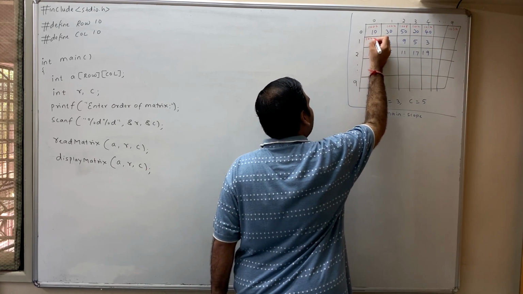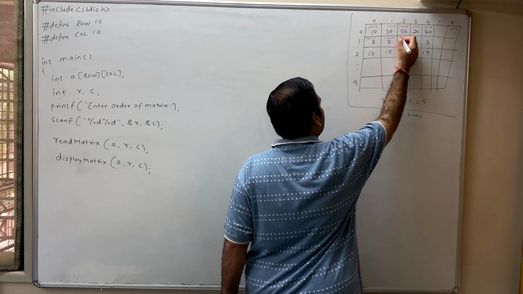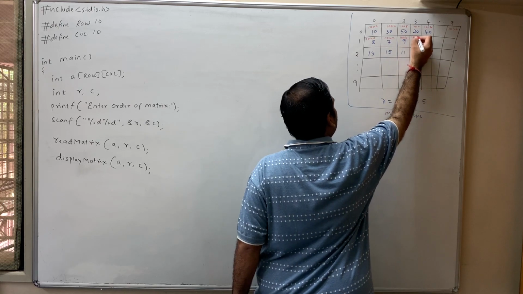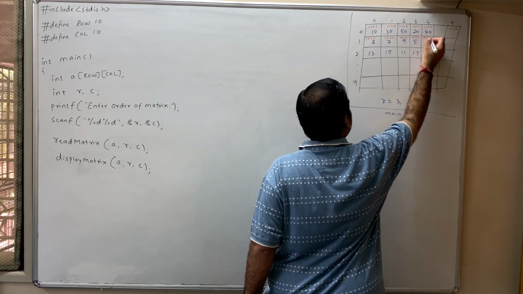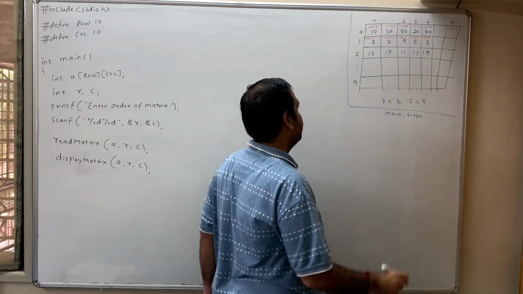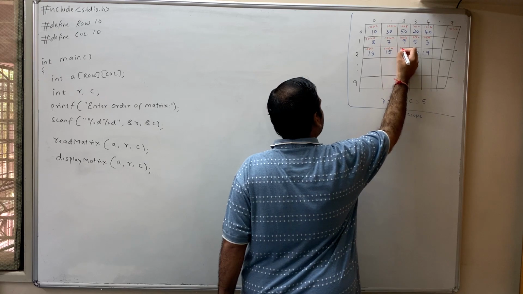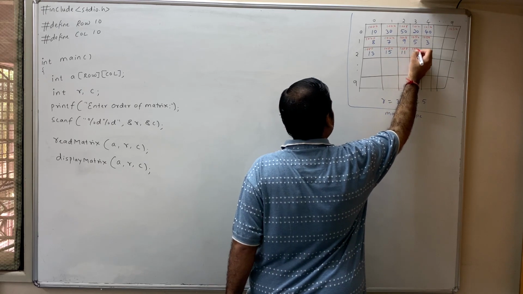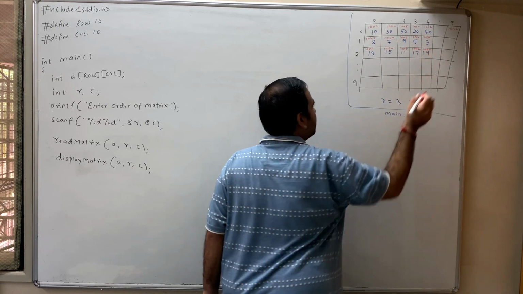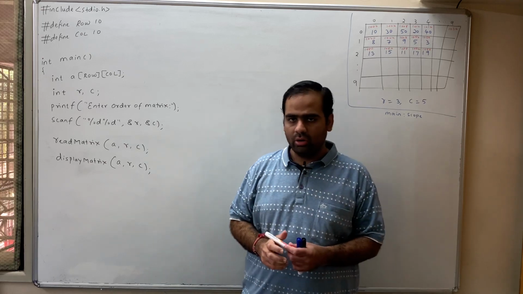This will be 1040, 1044, 1048, 1052, 1056 and so on. This will be 1080, 1084, 1088, 1092 and this is 1096 and so on.